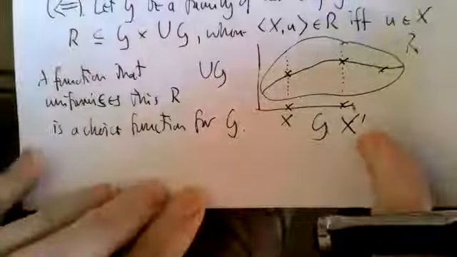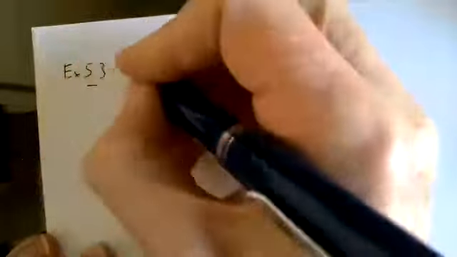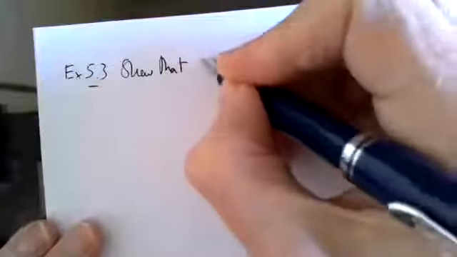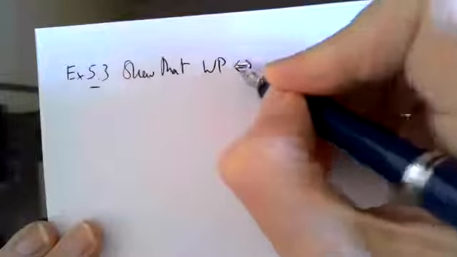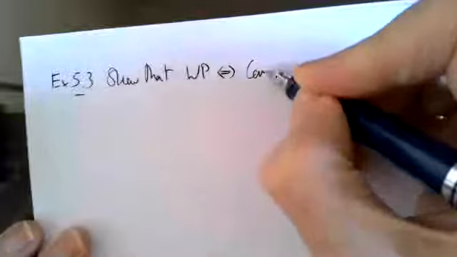Okay. Let me look at 5.3. Show that the well-ordering principle is equivalent to cardinal comparison.